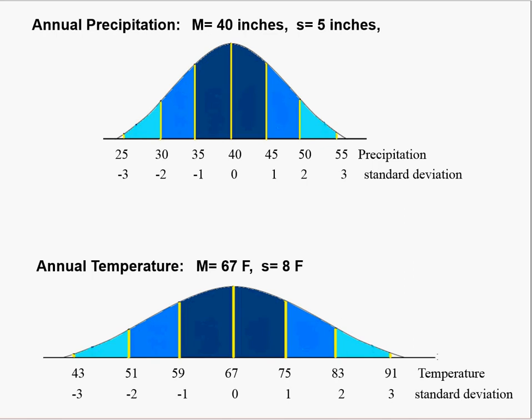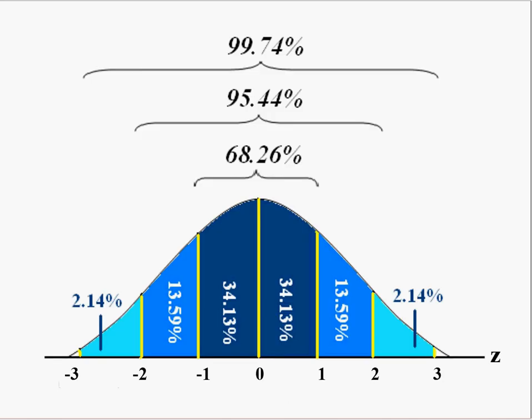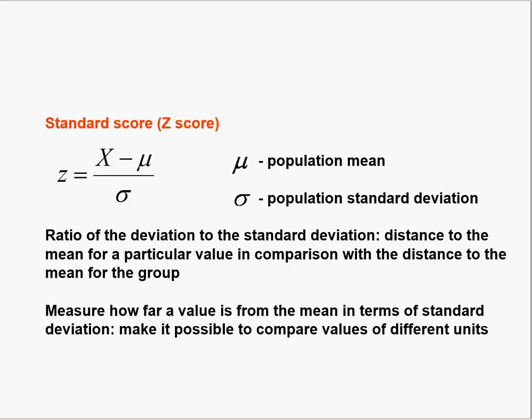That's how we come up with these standard normal distribution charts. And specifically, this is called the z-score, the standard score, or normal distribution of standard normal scores. This score is calculated by using this formula.